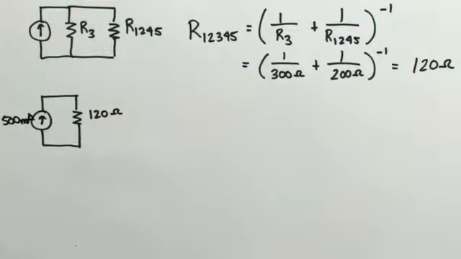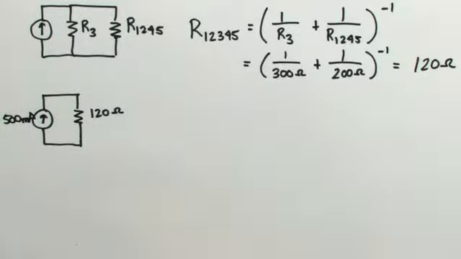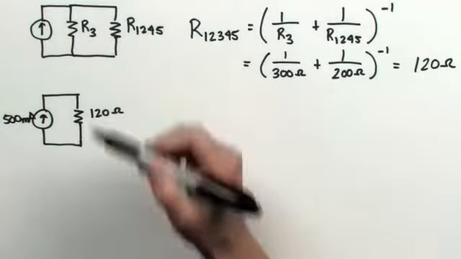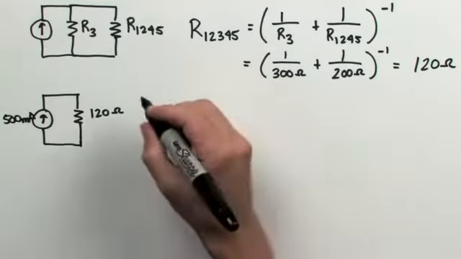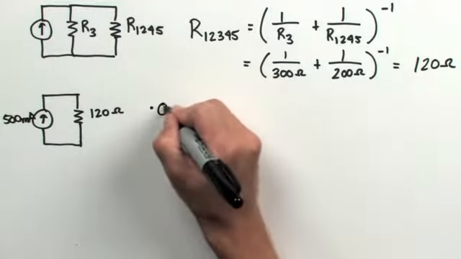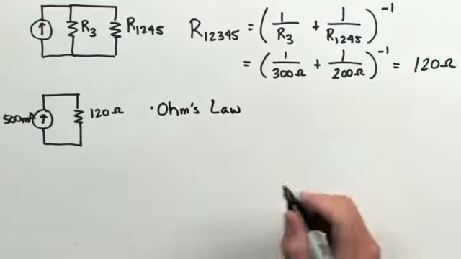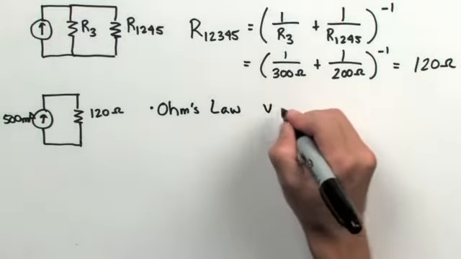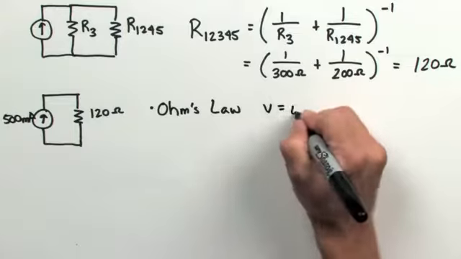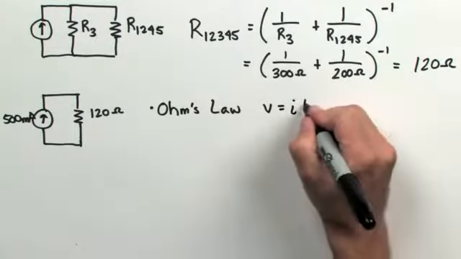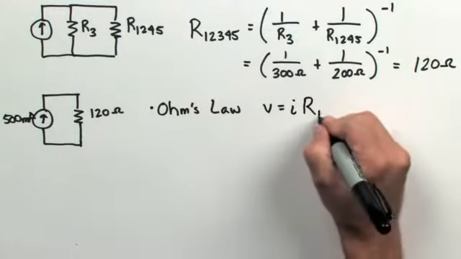Now that I have that information, I can use the current supply and Ohm's law to calculate the potential that's developed across the entire equivalent resistance. So using Ohm's law, I know that the voltage is going to be the current through the resistive element multiplied by the resistance itself.